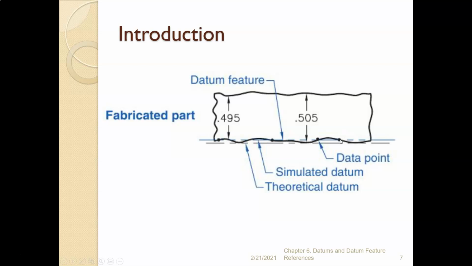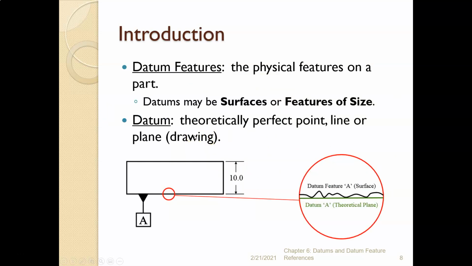Now where we get those data points is from measuring the surface with a coordinate measurement machine or some other device that we use to measure the surface. And from that surface, we're going to be able to develop the simulated datum, right? So the datum is going to be a surface going through those 4 points. The theoretical datum is going to hit all the high points of that surface.